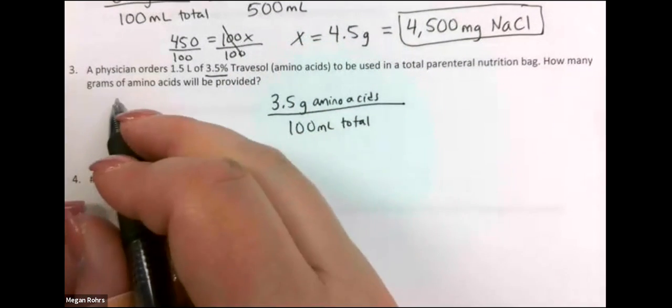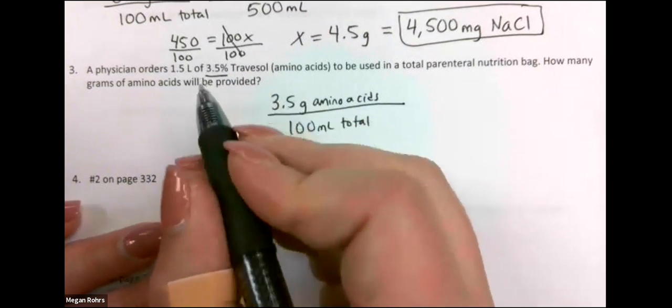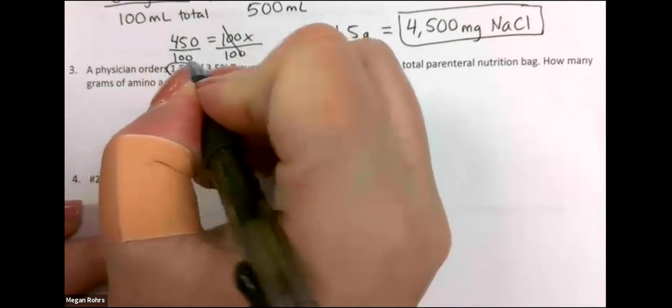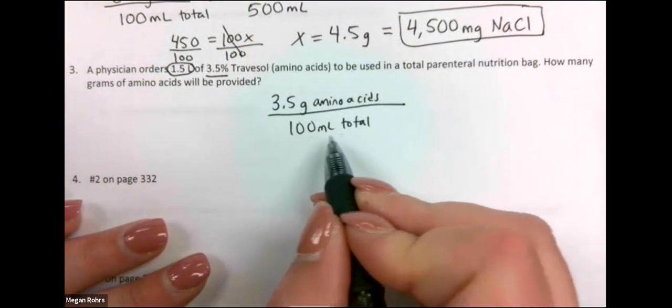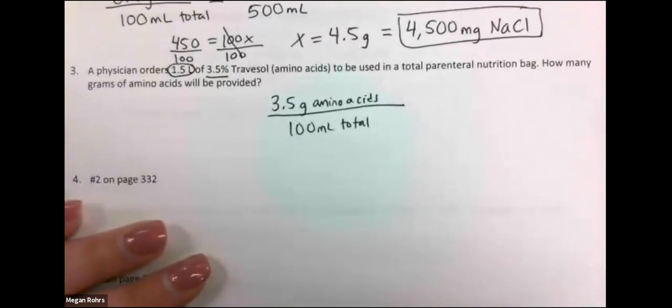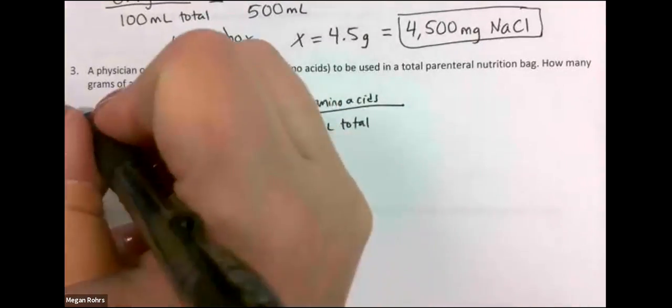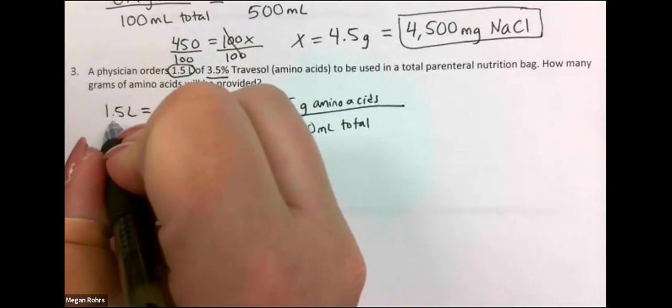It says how many grams of amino acids will be provided from the bag. So the bag is 1.5 liters. Now keep in mind our volume that we have here is in milliliters. So we're going to have to convert. So 1.5 liters going to milliliters.